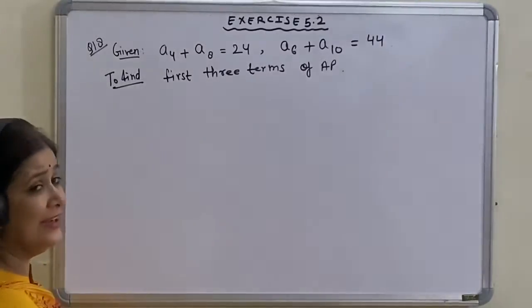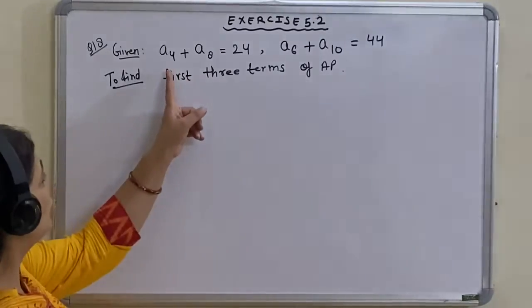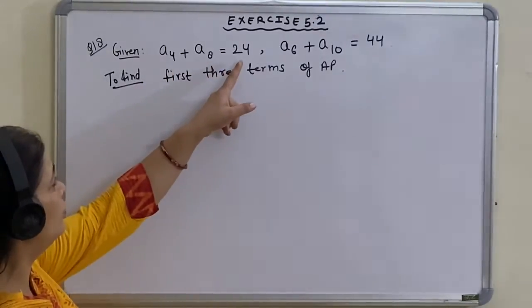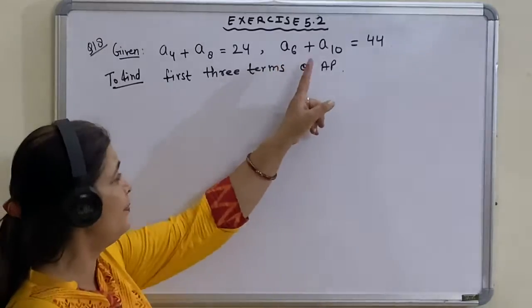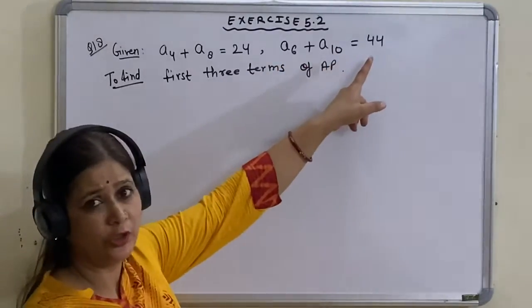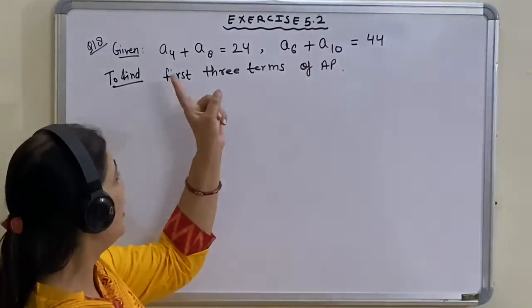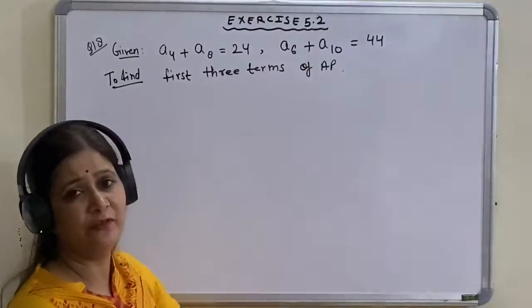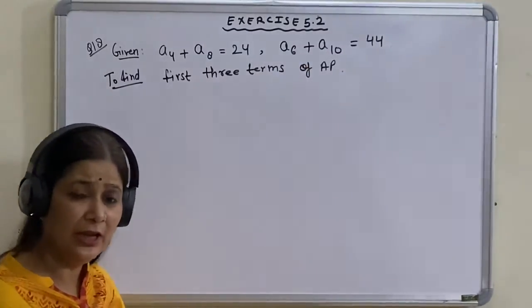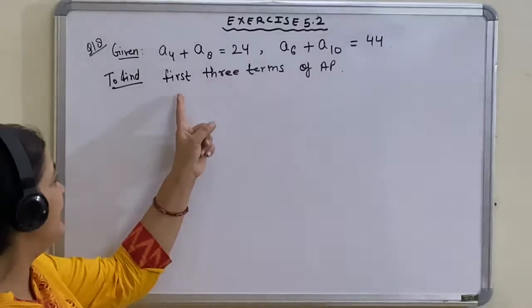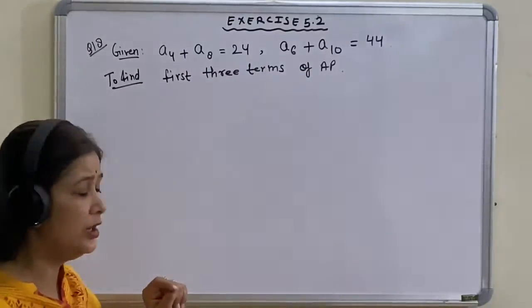In question number 18, it is given sum of 4th term and 8th term is 24 and sum of 6th term and 10th term is 44. So from the help of these two equations, we can find the value of A and D, and with the value of A and D, we can find the first 3 terms.